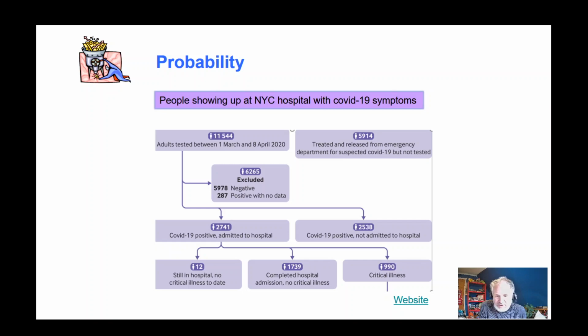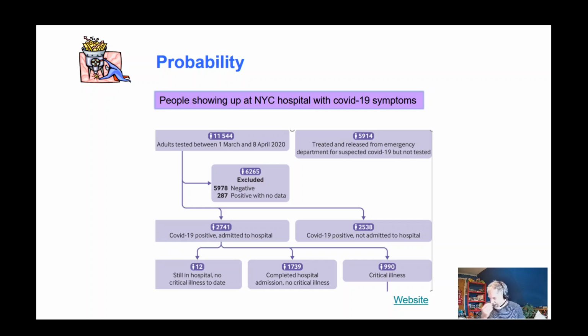So of the people who came in, 11,544 were tested for COVID. 5,914 were released and sent home, suspected of COVID, but they just didn't bother to test them. So they just said, go home, isolate, and if your symptoms get worse, come back.